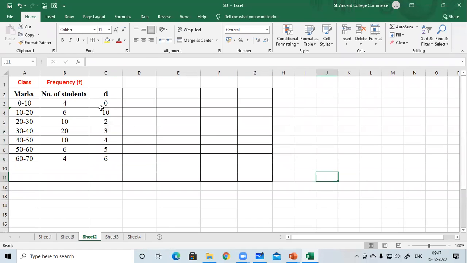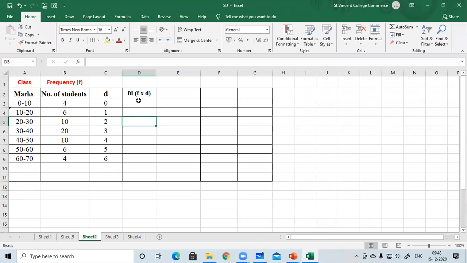So D will simply be, you start with 0, 1, sorry, this is 1, 0, 1, 2, 3, 4, 5, and 6. That's D. Now, the next column we require is FD. This means F multiplied by D. This is what we require next.